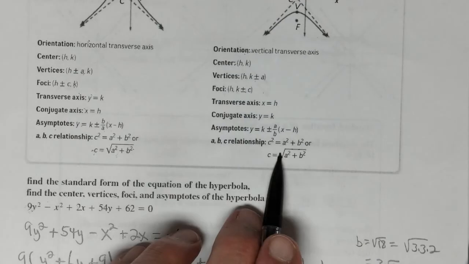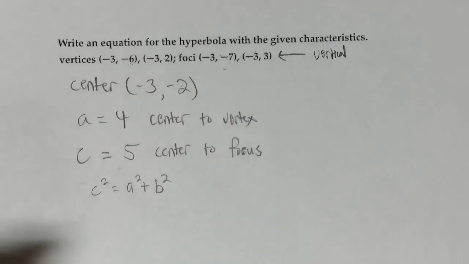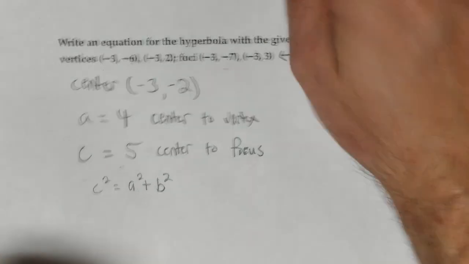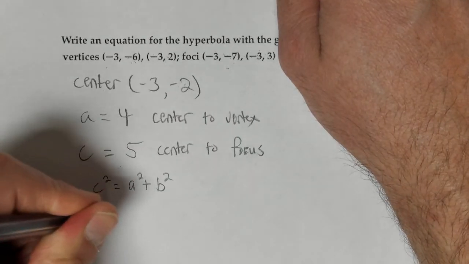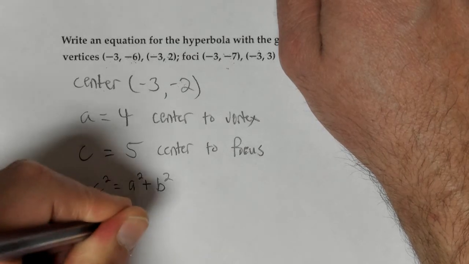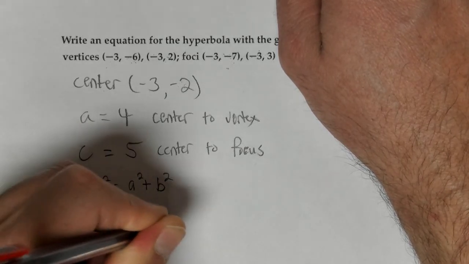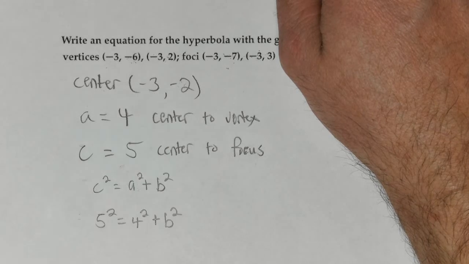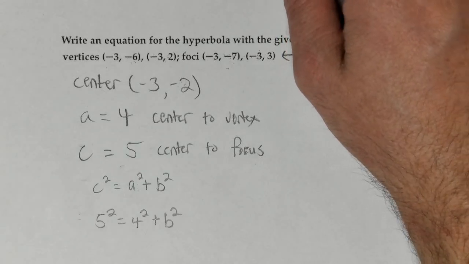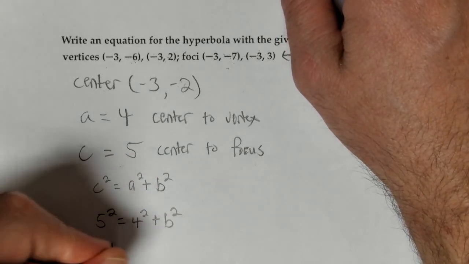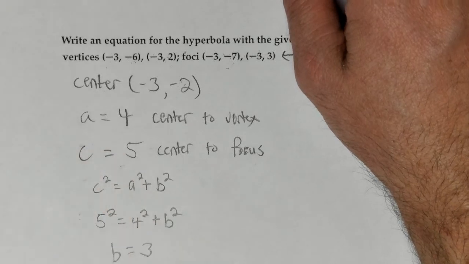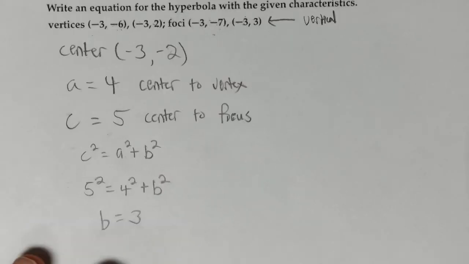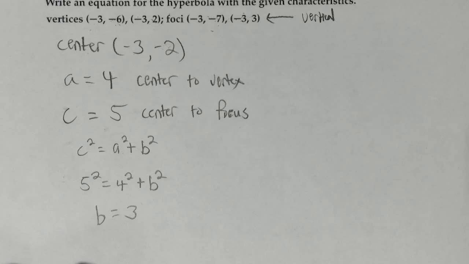So when I go to plug in, we'll have 5 squared equals 4 squared plus b squared. And of course, when we solve that, we get b is equal to 3. Now we've got everything to write the equation for the hyperbola.